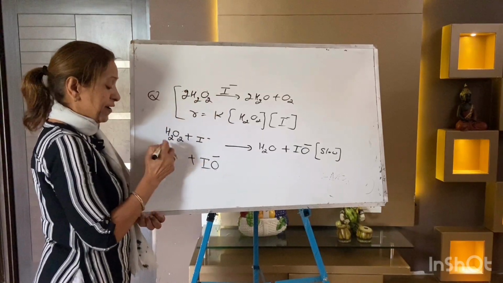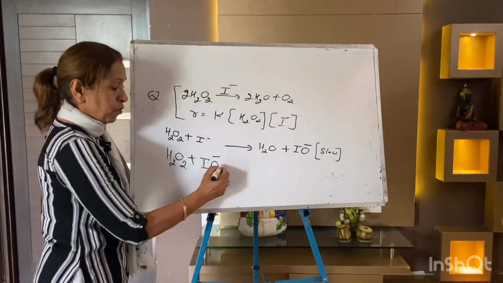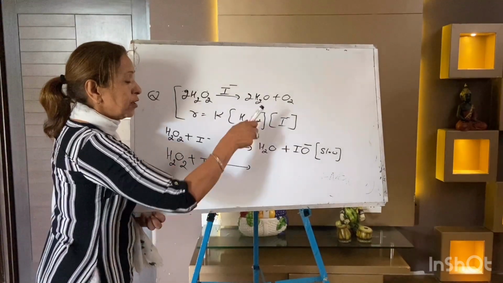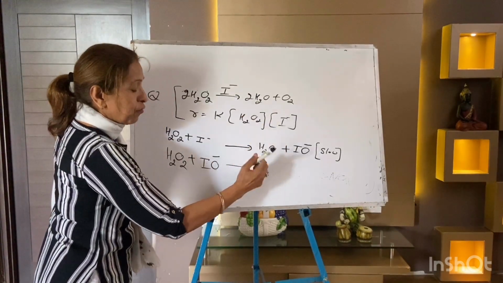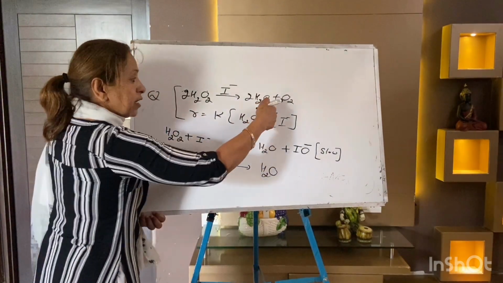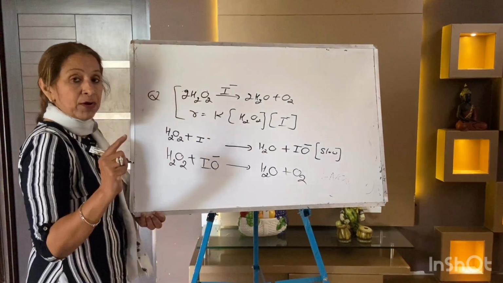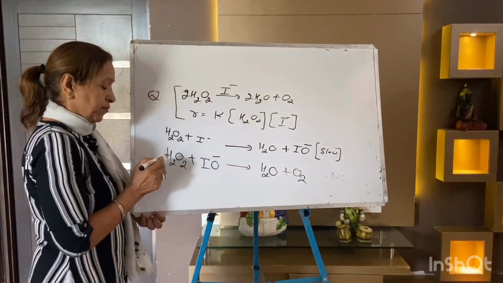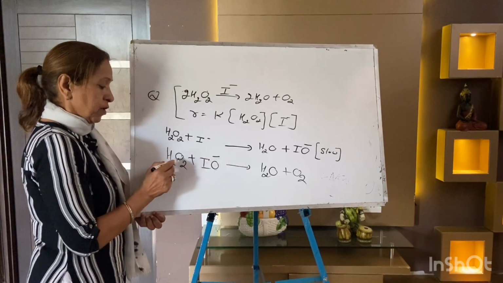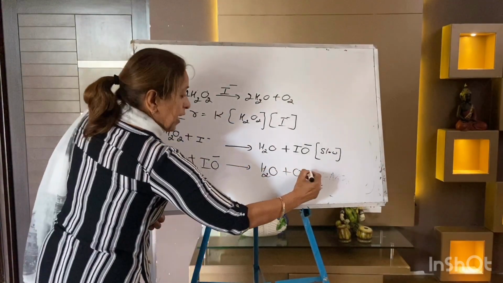2H2O2, there is 1 H2O2, 1 H2O2 more. Arrow. Now what is in the overall? 2 water, just 1 water there, 1 water more. Oxygen, there is no oxygen, 1 oxygen more. And now what is left? H2, 3 oxygen, I left, I minus.